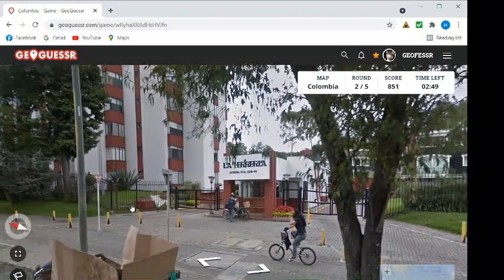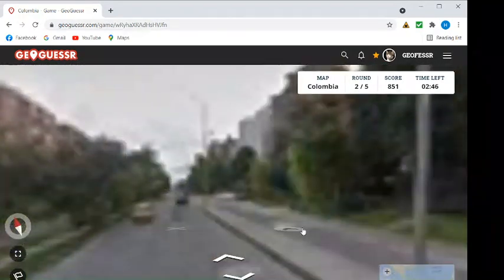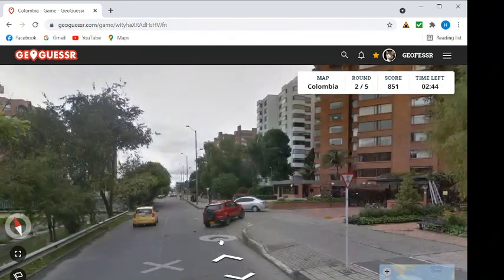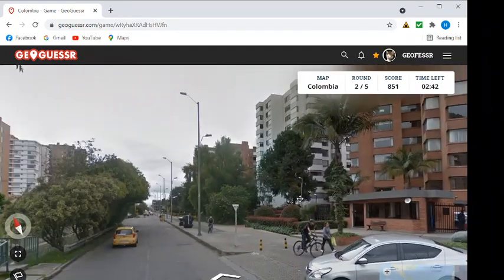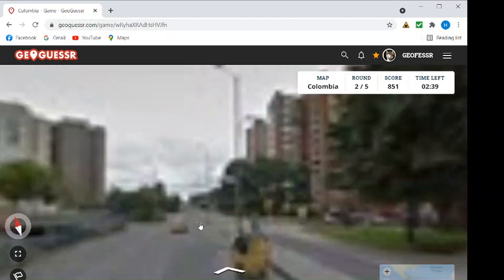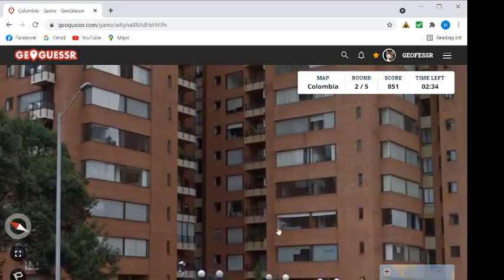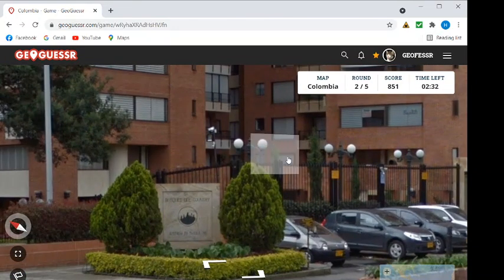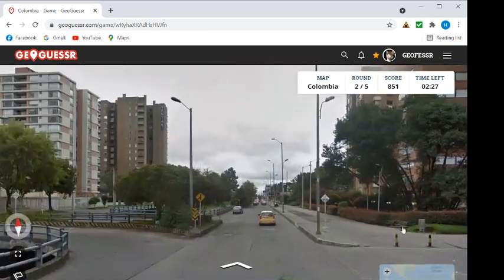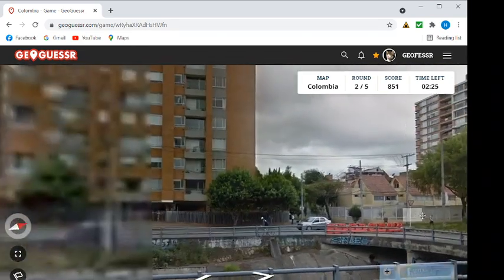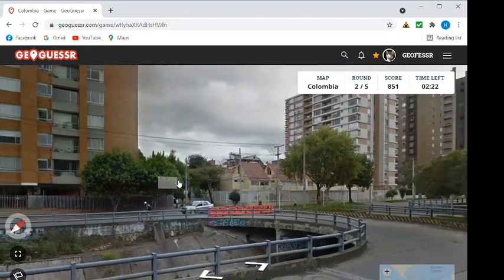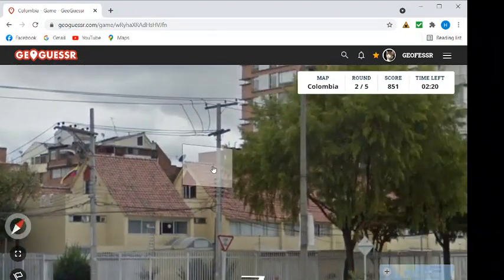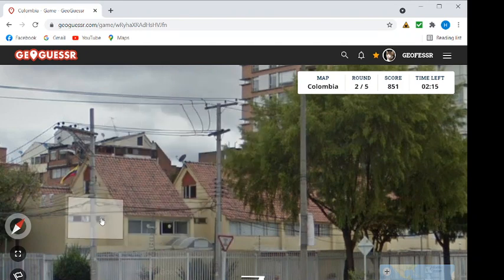Let's see. So we have that this is an urban area. This looks somewhat mildly upscale, but also there's some more space here. I'm thinking maybe this is not Bogota, which is very dense. This is some other city. Here again, the poles have a somewhat more US kind of appearance.